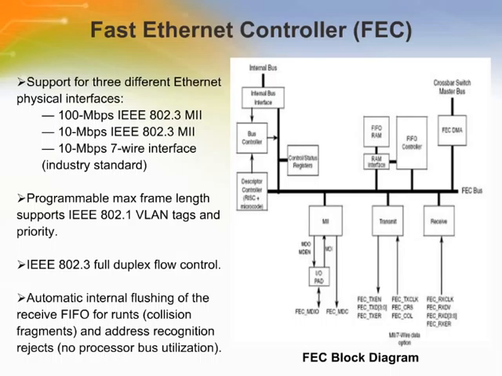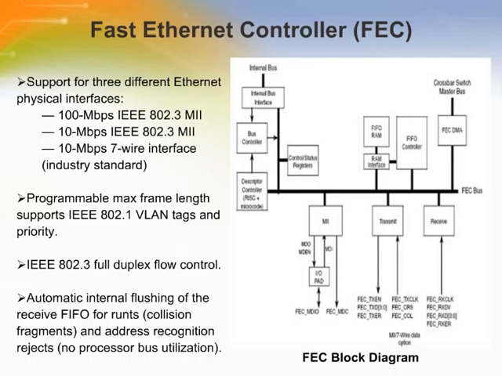The Ethernet Media Access Controller, MAC, supports 10 and 100 megabits per second Ethernet IEEE 802.3 networks. An external transceiver interface and transceiver function are required to complete the interface to the media. The FEC supports 3 different standard MAC PHY physical interfaces for connection to an external Ethernet transceiver.